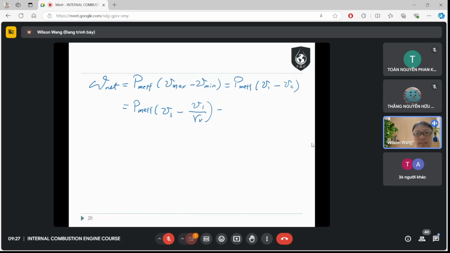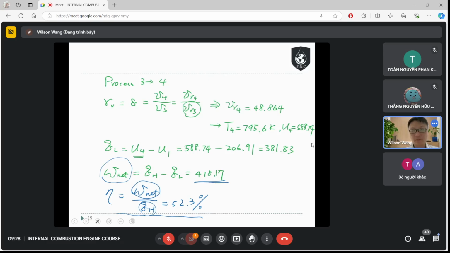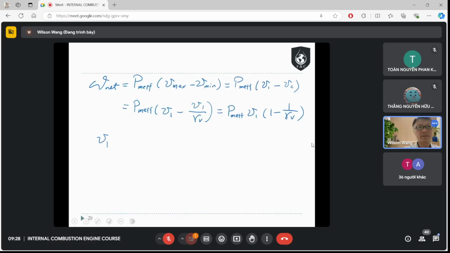So I can take the V1 out: V1 times one minus one by compression ratio. And we have to calculate V1, because we know this is equal to our network, 418.17.